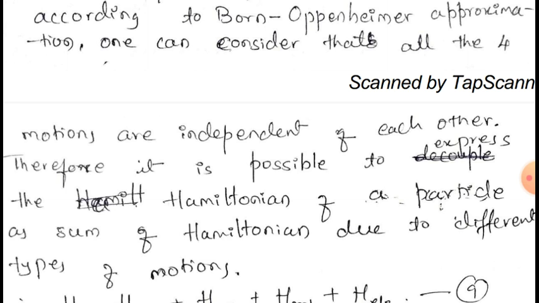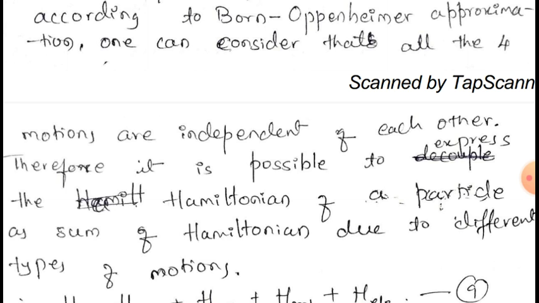Normally, if there is an elastic binding in the particles, then the rotational motion has to affect the vibrational motion. When the particle starts rotating faster and faster, the bond length has to increase.